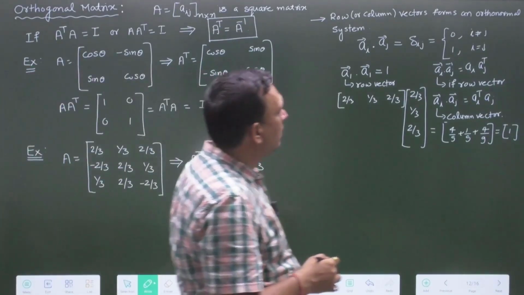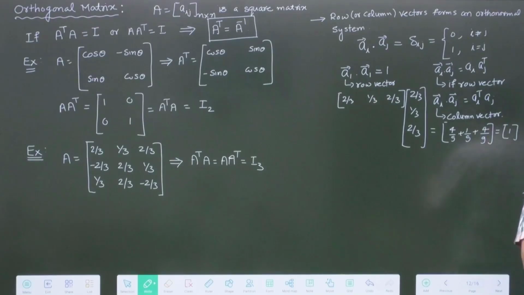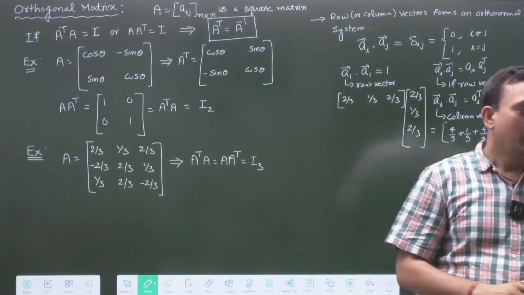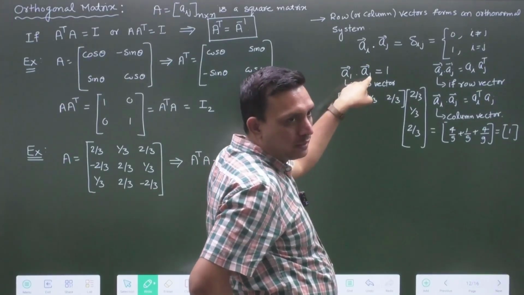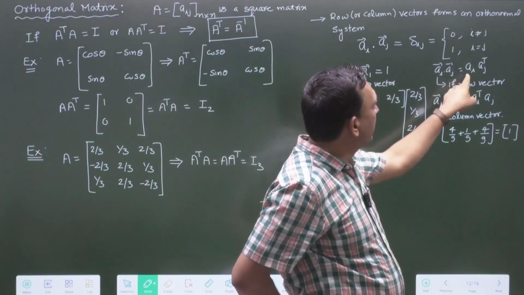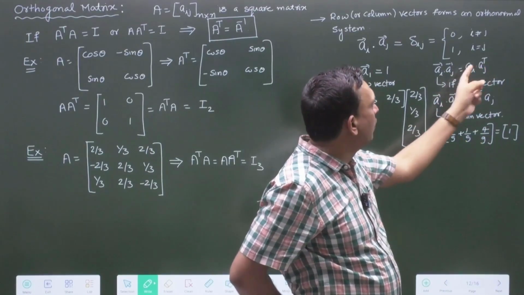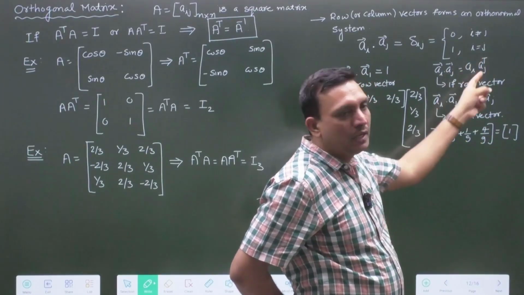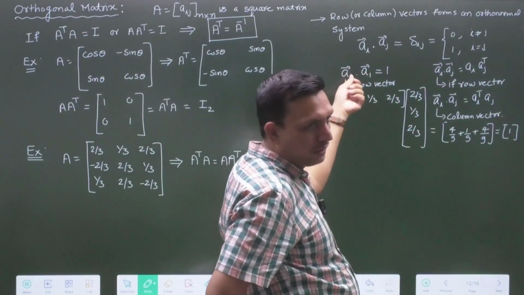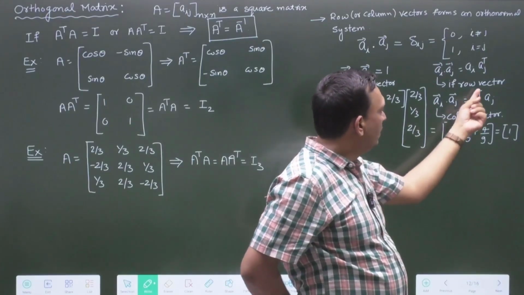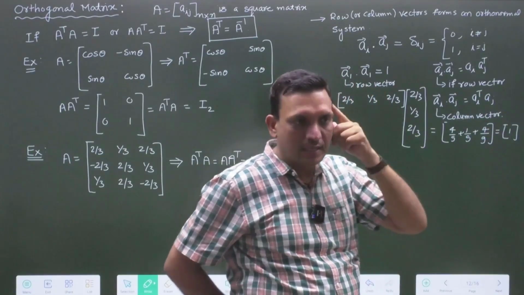In the first case, Ai is a row vector, so in terms of matrix multiplication, this is row by column: the row remains the same, but you take the other as a transpose, and that gives the inner product. But when it is a column vector, you have to make it a row, so Ai transpose Aj. That is how the inner product is calculated.